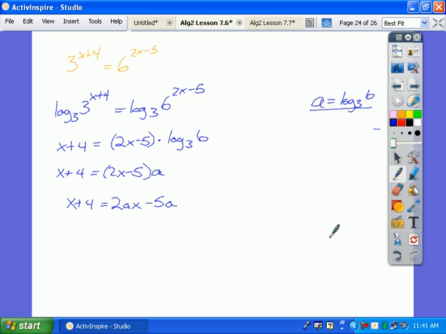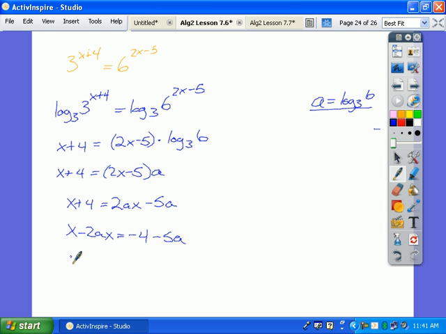So here, this is a linear equation. How do I solve linear equations? Pull all the variables to one side, all the numbers to the other. So I'm going to bring this over. So x minus 2ax equals, the 4 comes over, so this is negative 4 minus 5a. Now I want to combine these, but I can't because I don't know what 2a is. But I can pull out the x. I can factor out the x, so we'll do that.